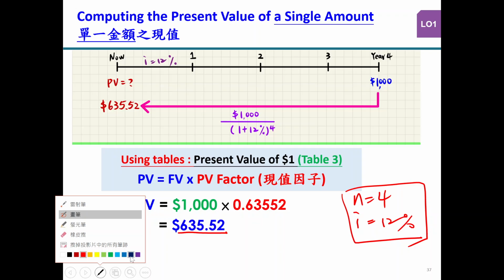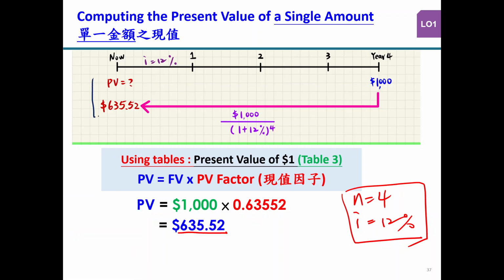It means if you invest the money today, $635.52, you put the money into the market today. After 4 years, how much money can you earn? $1,000, okay? So the money you can earn after 4 years is $1,000.